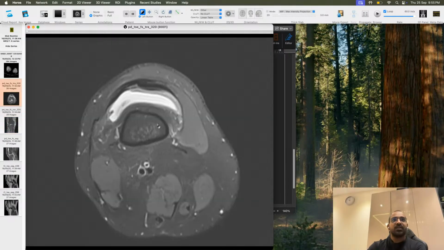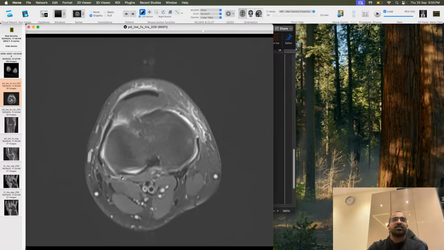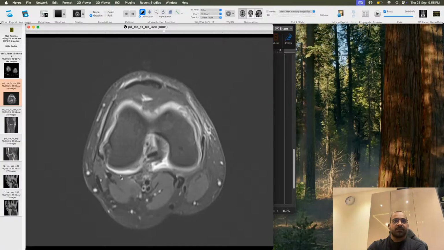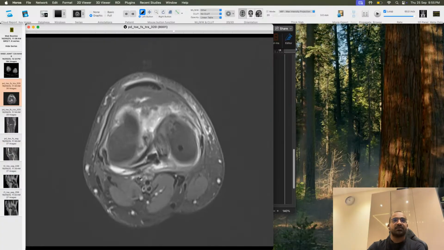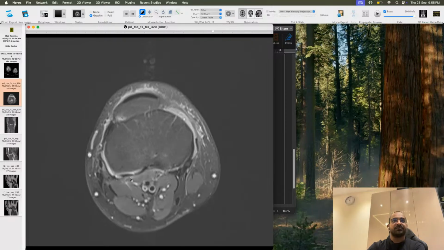Someone was asking, show me the arcuate ligament. Arcuate ligament is seen on the lateral aspect. We see here, this compartment. This part is the place for the arcuate ligament.